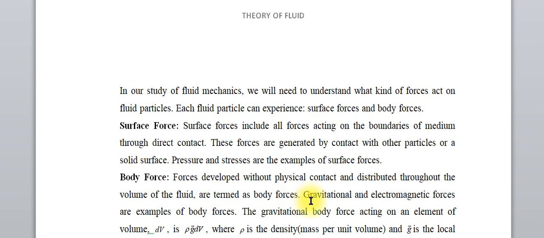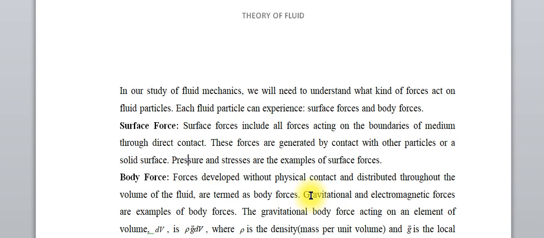Examples of body forces are gravitational and electromagnetic forces. Magnetohydrodynamic forces are also examples of body forces.